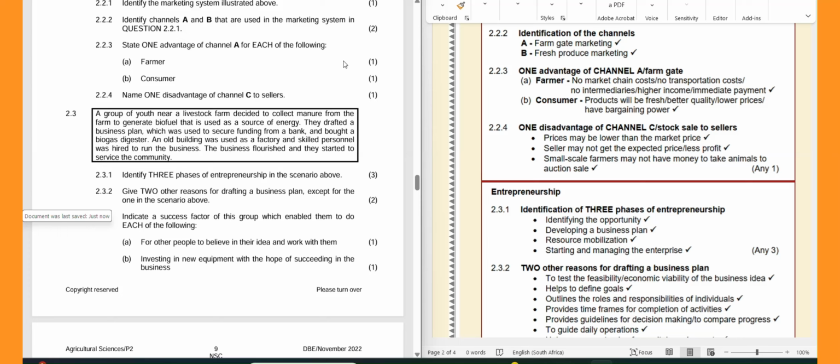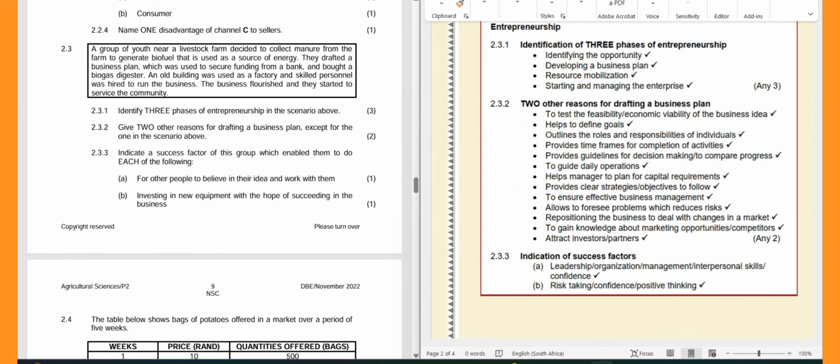So, 2.3. A group of youth near a livestock farm decided to collect manure from the farm to generate biofuel that is used as a source of energy.